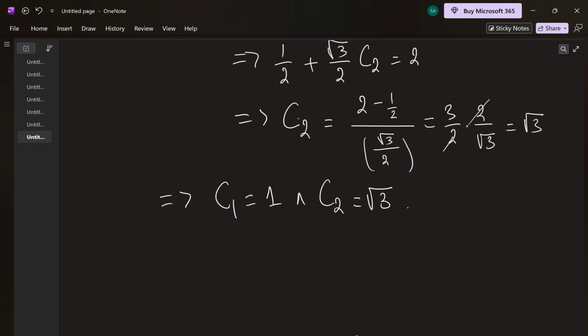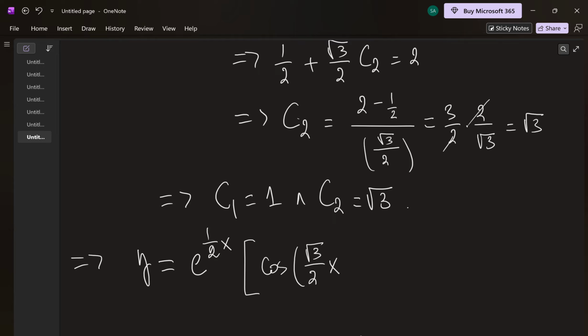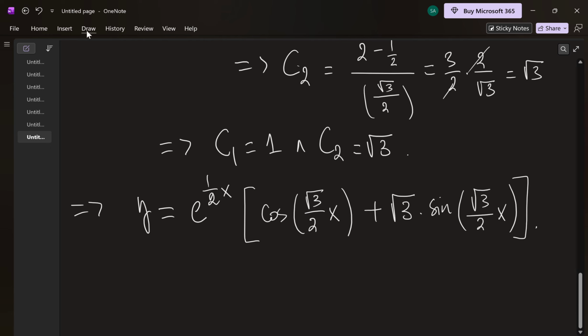And the particular solution that solves this initial condition problem is y is equal to exponential 1/2 x times, now we have 1 times cosine the square root of 3 over 2 x plus now C2, which is the square root of 3 times sine square root of 3 over 2 x, and this is the particular solution that we are looking for.